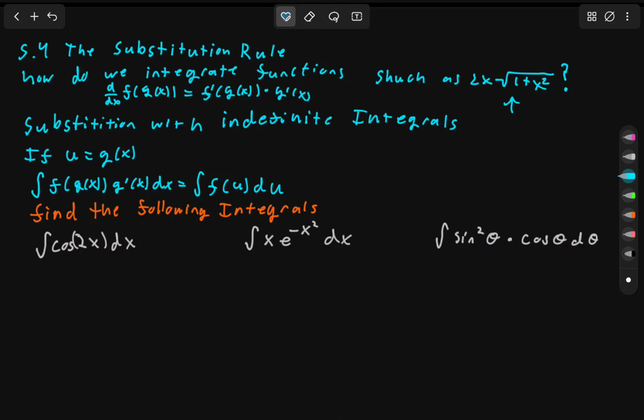And really what the substitution rule, or u sub, does is it's going to be the inverse for the chain rule. It's going to be how we evaluate functions with the chain rule.